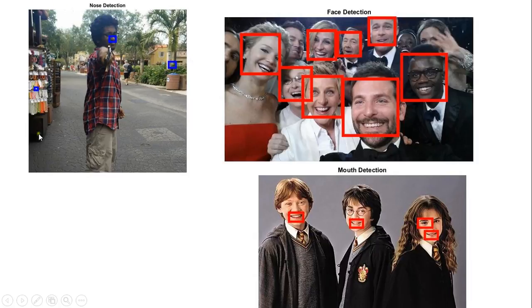The contrast of this image is not so good, but still, even though the contrast is bad, the algorithm does a great job in finding the exact position of the nose. And finally, the mouth. It clearly finds the position of the mouth for all the three characters visible in the picture. Thank you.